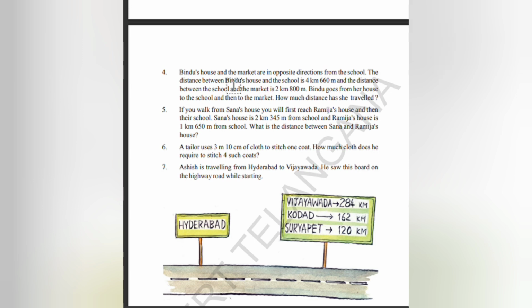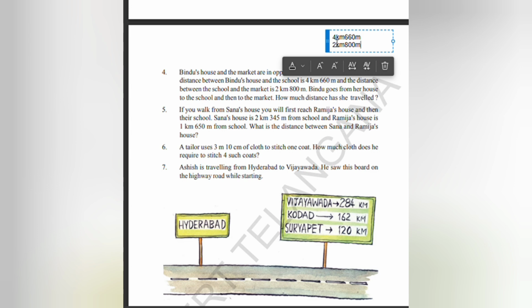Bindu's house and the school is how much? 4 kilometer 660 meter. And the distance between the school and the market is 2 kilometer 800 meter. Bindu goes from her house to the school and then to the market.